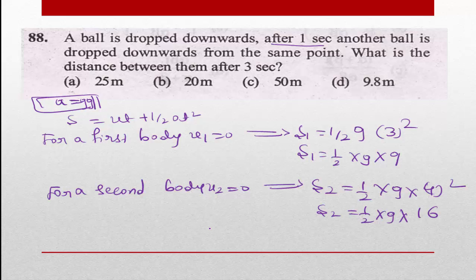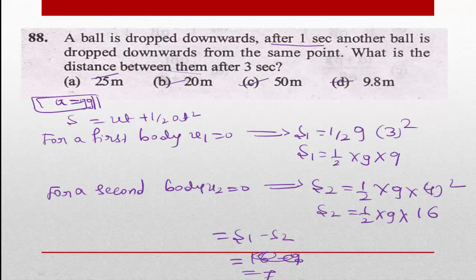Therefore, the difference after the 3 seconds is S1 minus S2. Here, we get the answer 16 minus 9, which is 7. Here, the options are wrong. A equal to 25 meter, B equal to 20 meter, C equal to 50 meter and D equal to 9.8 meter.